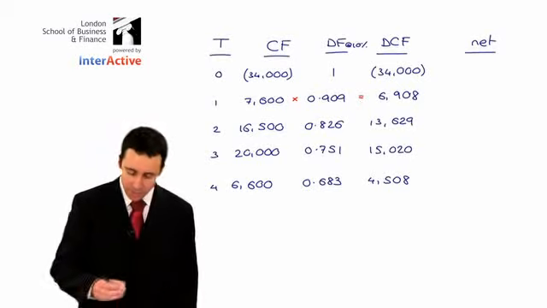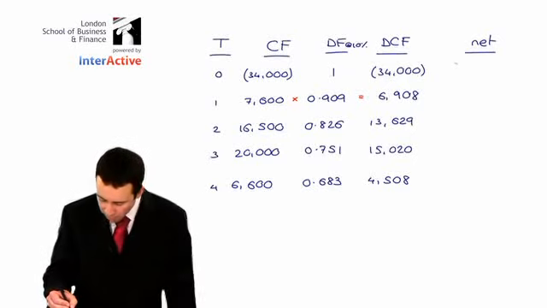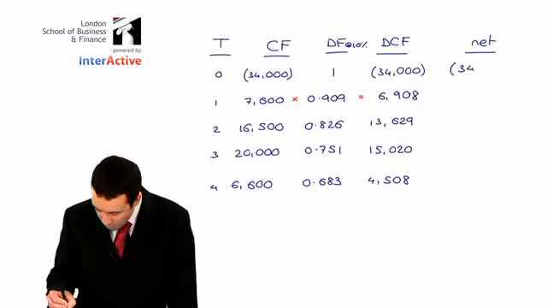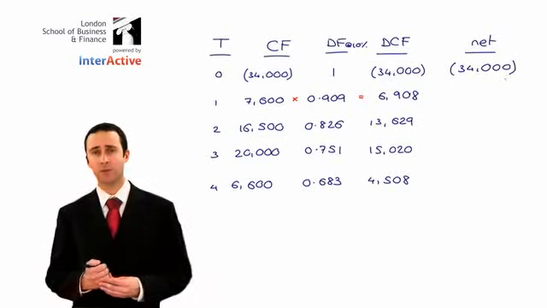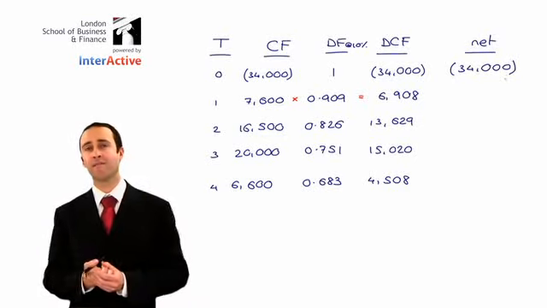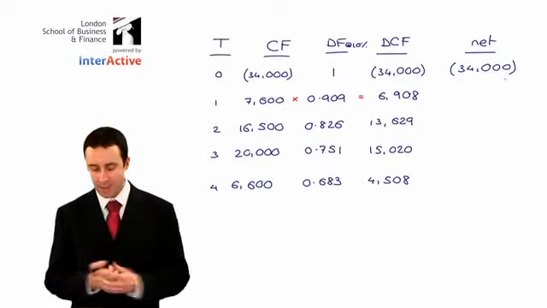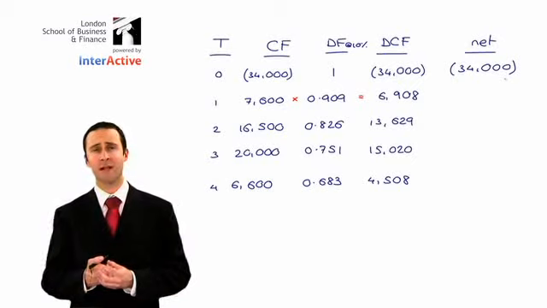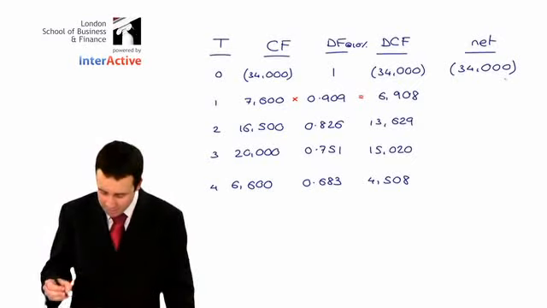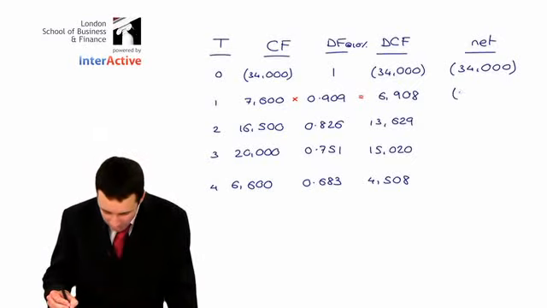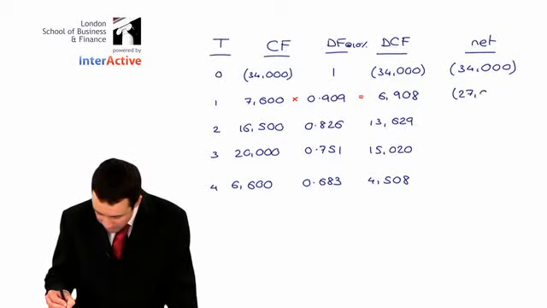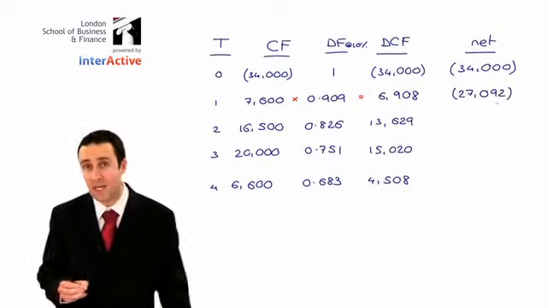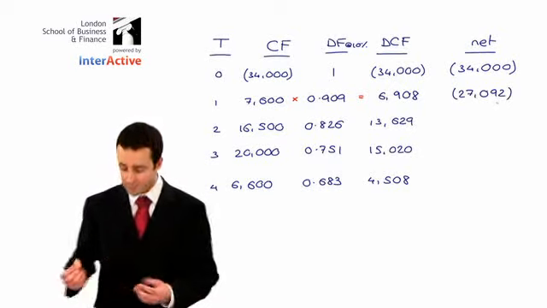Once you've done that, it should now be straightforward to work out your net overall cash flows. So there at T0 we invested 34,000. At T1 we're going to receive, yes, 7,600, but in present value terms that's 6,908. So if we adjust for the 6,908, that gives me 27,092.